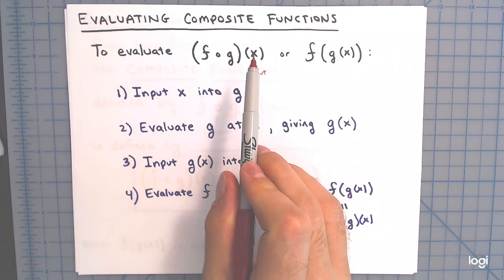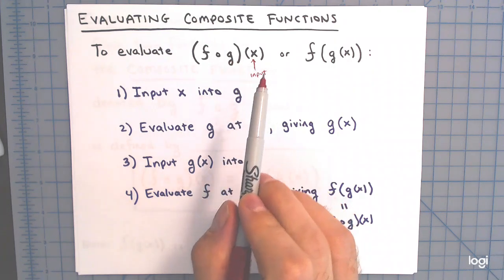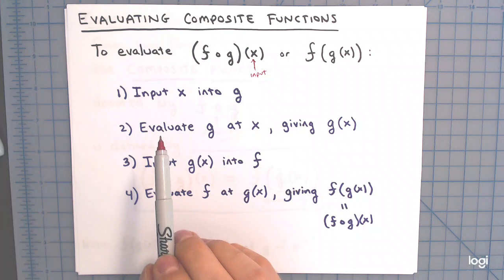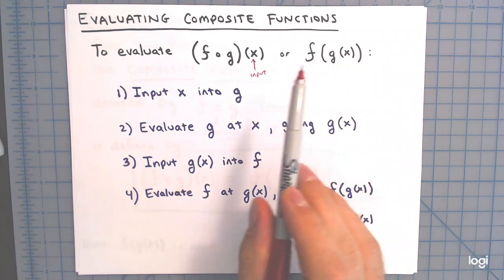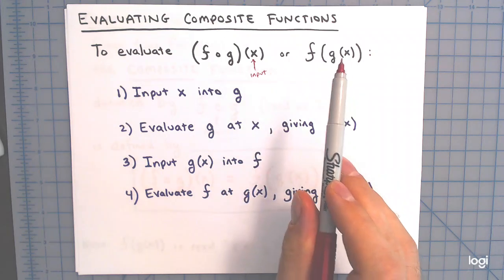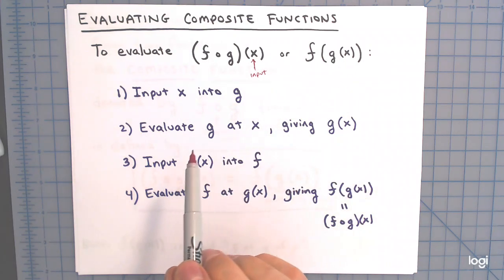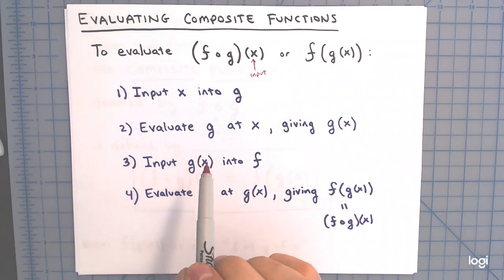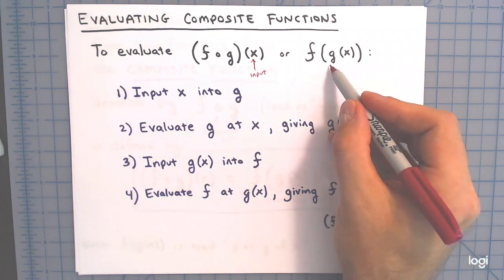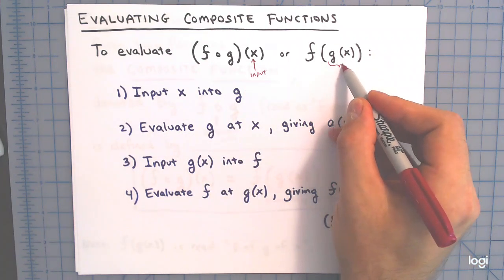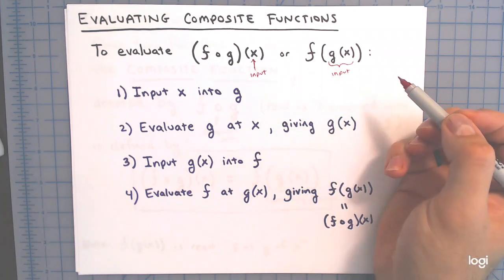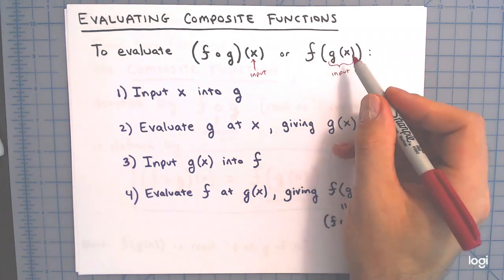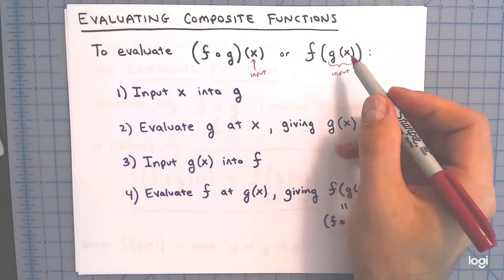I'm going to take this number x and plug it into g. I evaluate g at x, so that gives me this g of x inside. And then I take that number g of x, whatever that number is, and as I mentioned on the previous page, it gets input into f, in the parentheses after the name of the function f.